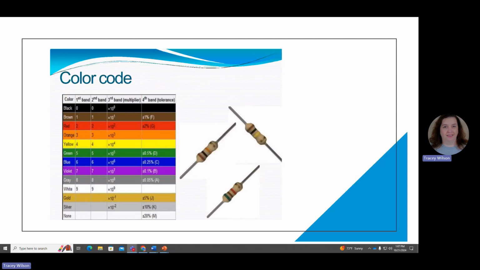Am I going to ask you to memorize this? Absolutely not. That's why you have it on a card. That's why you have the internet. This is easily accessible data that you can look up, and I see no reason to ask you to memorize this. I don't even think you necessarily have to memorize what order the bands are in, because again, you can go look it up and know that the first one is the first number, the second is the second number, the third is the multiplier.